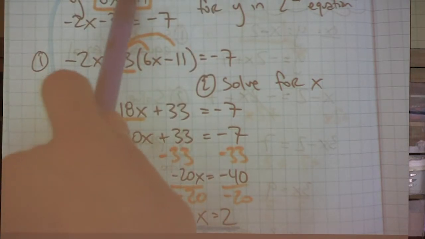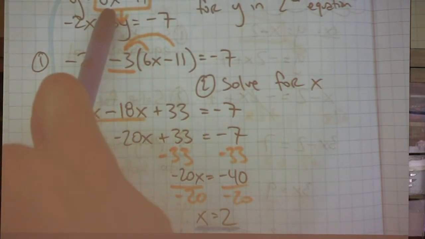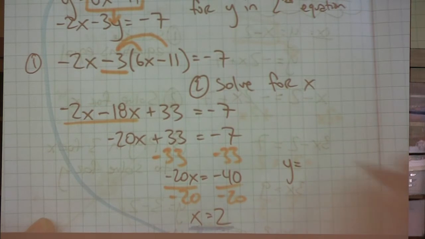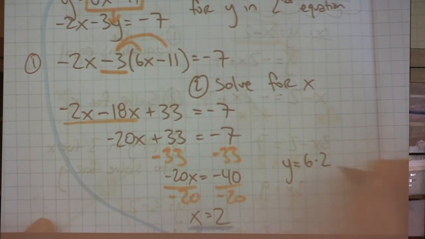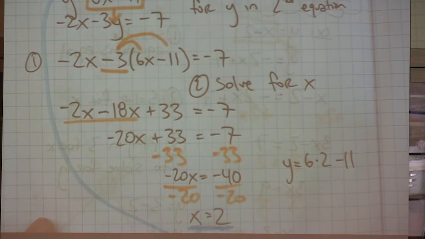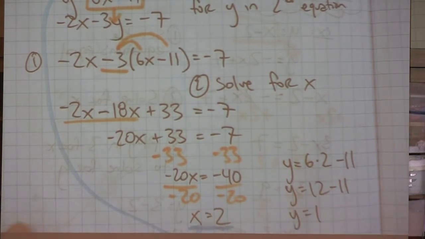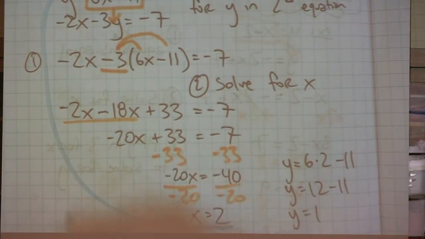Some of you are not, and you need to write it down. I don't care how you do it, but you should get to the point where you're doing 6 times 2 minus 11, which is 12 minus 11, which is 1. Make sure you write it as an ordered pair.